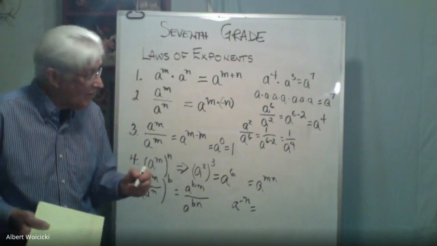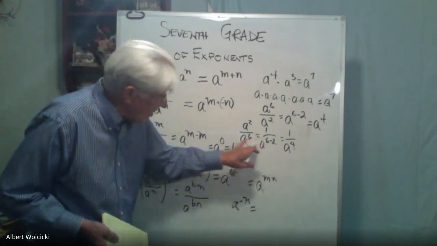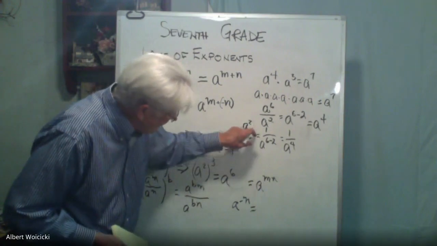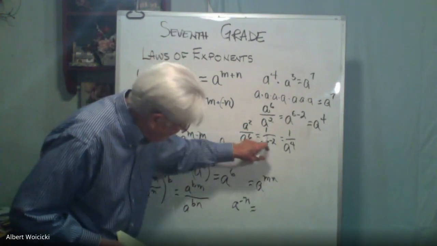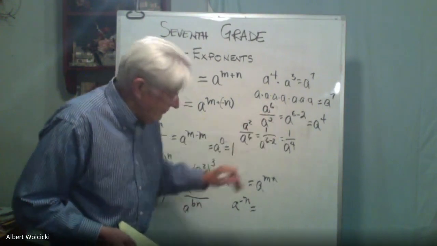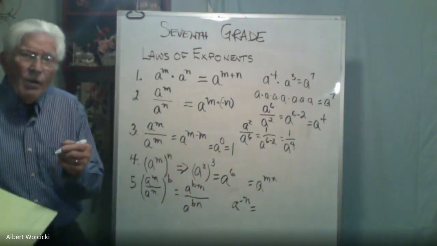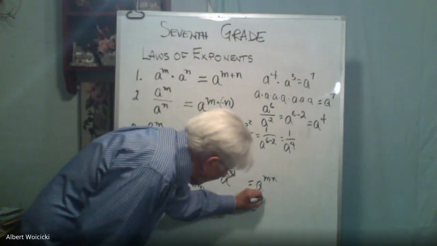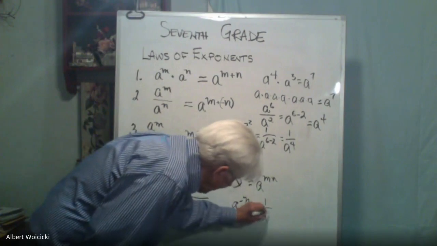What does that really mean? And we can go up here and realize what we're talking about, because we moved this guy down to make it become a -2, right? We move this guy up to make it a -2. So think about that. A to the opposite of n is 1 over a to the positive n.